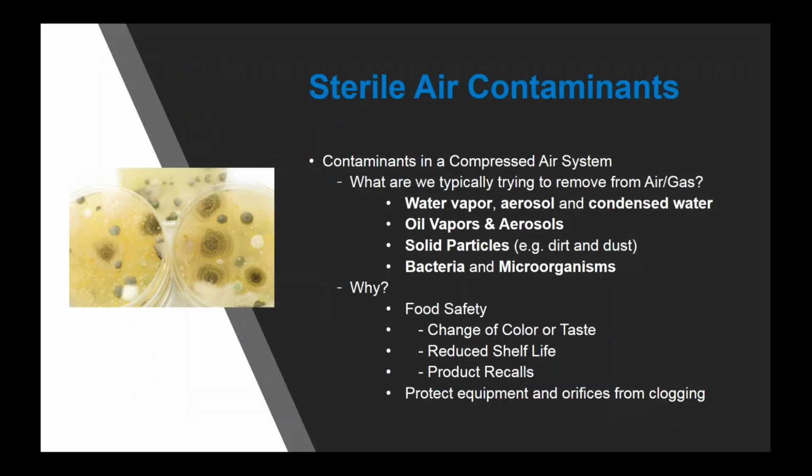The contaminants in these systems range from anything that can enter the compressor intake from the ambient air to the contaminants that are generated in the compressed air system itself from mechanical components. So air compressors are mechanical and therefore often lubricated with oil. This oil can be sent downstream. The humidity in the atmosphere will condense into liquid water as the compressed air cools, creating another contaminant.